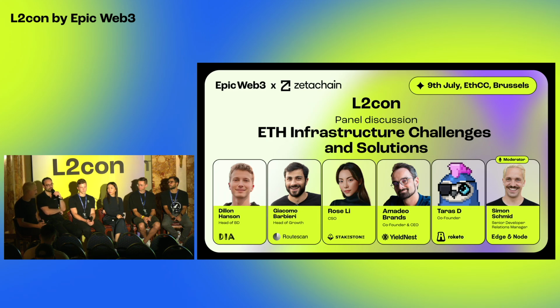And I think that's how we can make it easier for consumers. Internally, we should talk deep about infrastructure, but externally, we should make it easy for the users by making easy products like what StakeStone does or what YieldNest does and other projects. Make it very easy for the user, and then in the background add value to the underlying infrastructure.